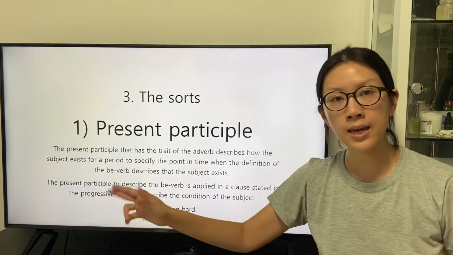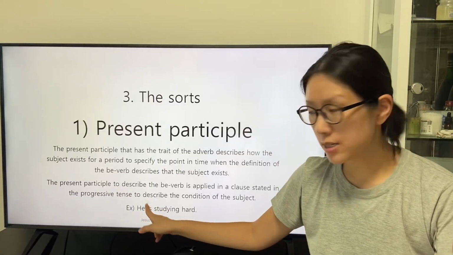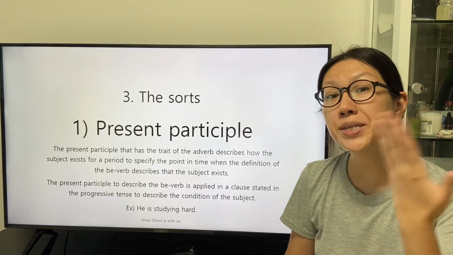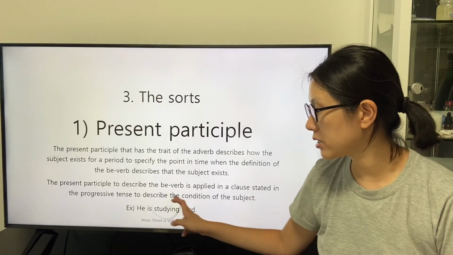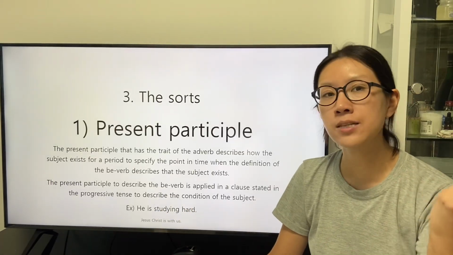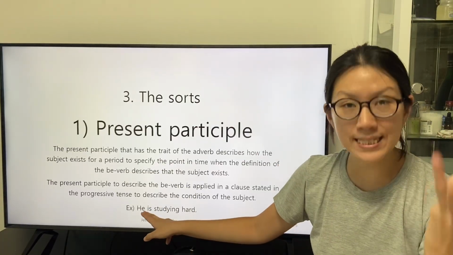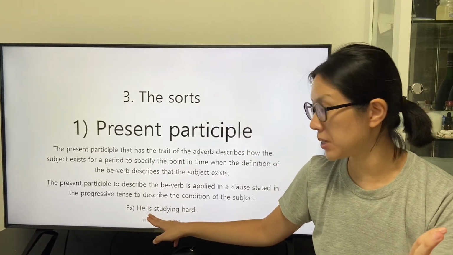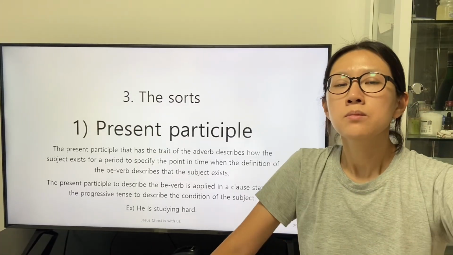when the speaker can actualize the condition described by the intransitive verb study, that is the body of the present participle studying, applied as an adverb to specify the existence of the subject by the definition of the be verb is.